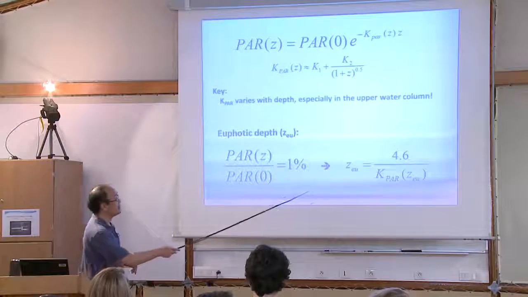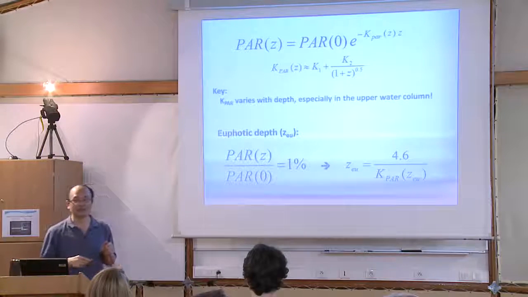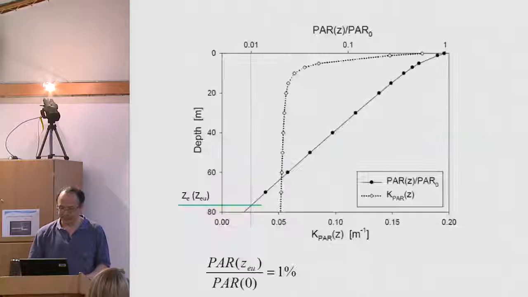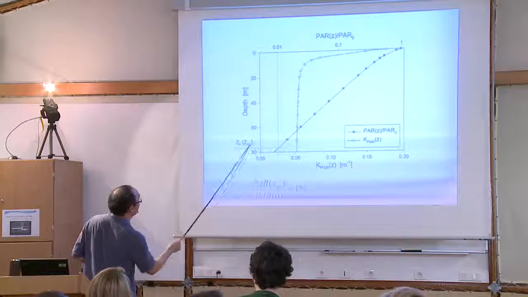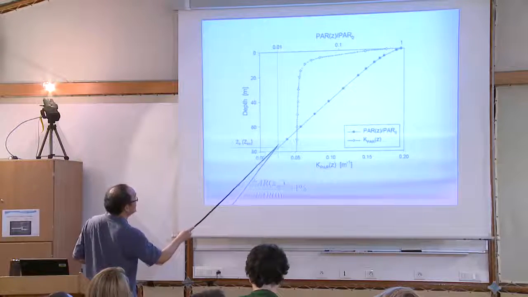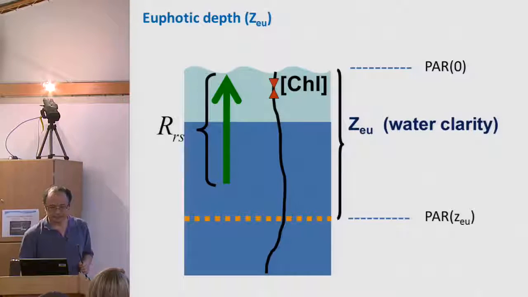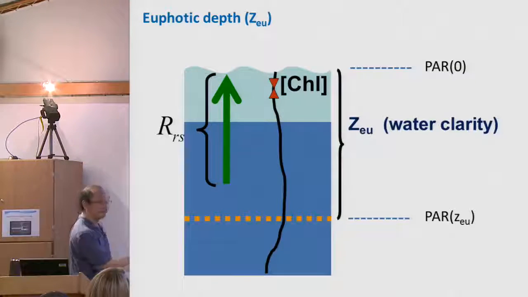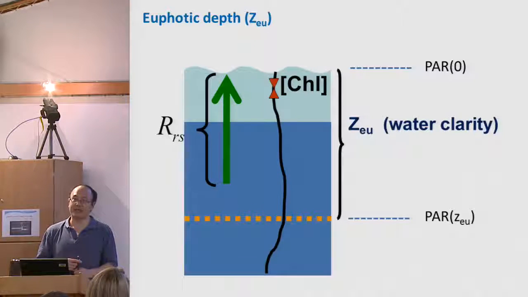So we can use the K par Z relationship to calculate this euphotic zone depth. That's shown here. This is 1%. This depth is about 70, 75 meters for this case. The euphotic zone depth is a very good representation of remote sensing reflectance.